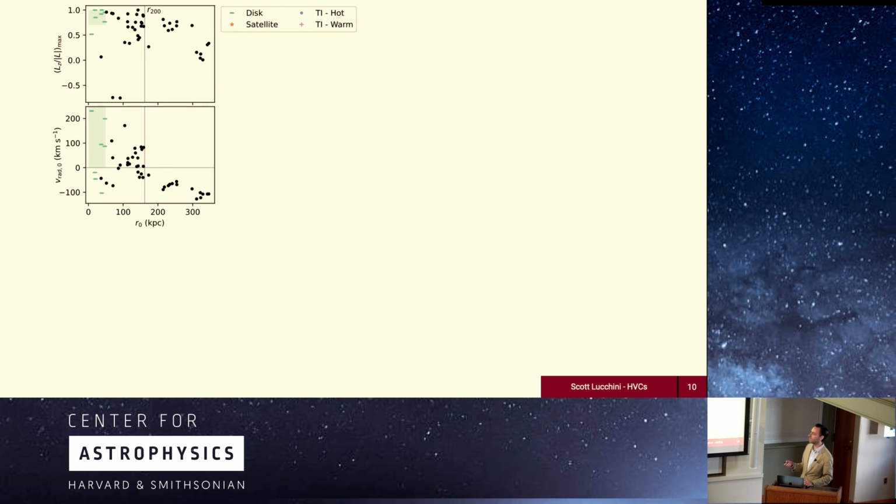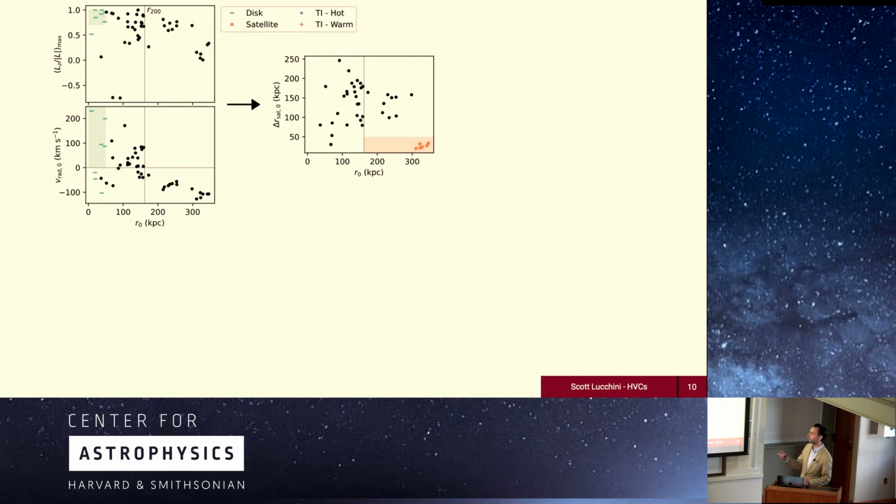And things that originate in the disk should start near the disk, so small r0, and either positive radial velocities, they're outflowing, or high circularities, they're still in the disk moving around before they're thrown out. Of the remaining HVCs, those that are far away from the central galaxy, high r0, and small separation from a satellite, those came from within those satellite galaxies and then were stripped out and formed the HVCs later on.